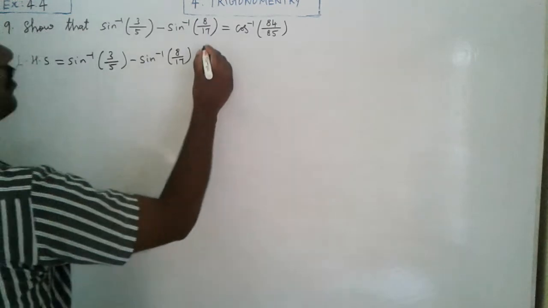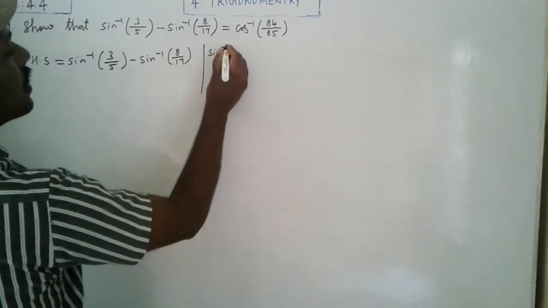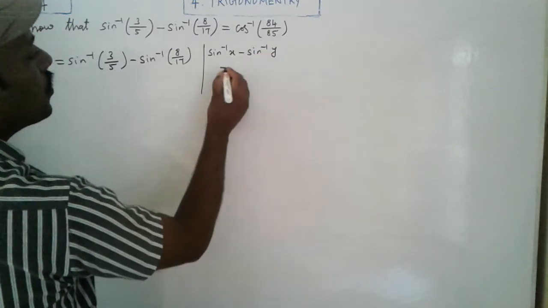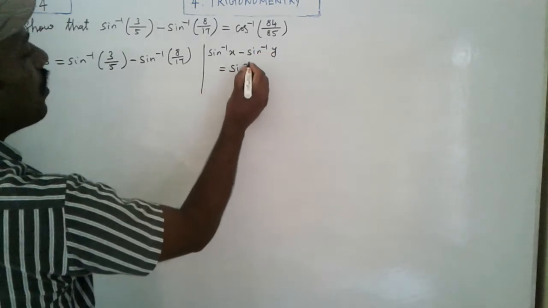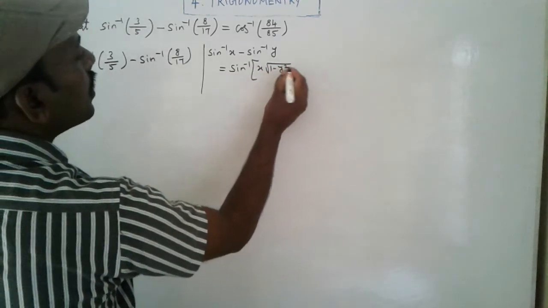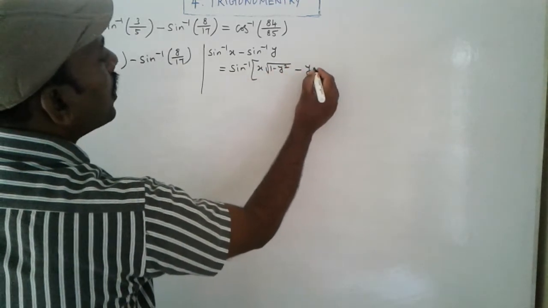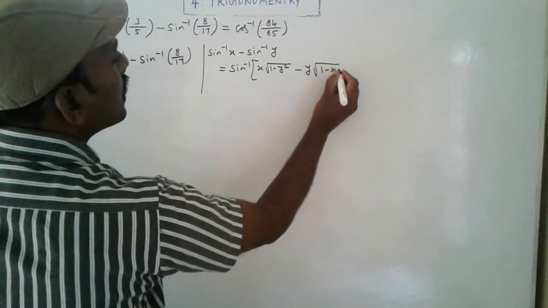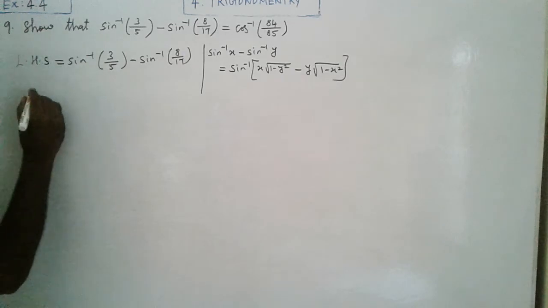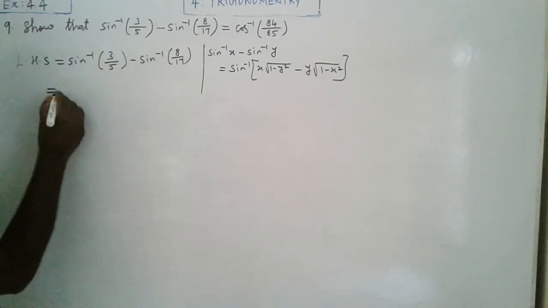We know the formula: sin inverse x minus sin inverse y equals sin inverse of x into root of 1 minus y square minus y into root of 1 minus x square. So we should substitute this formula here. x is 3 by 5.